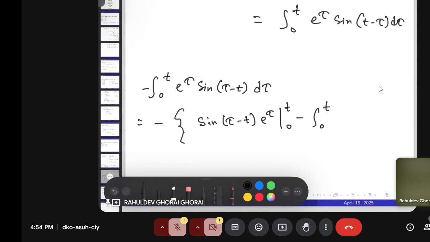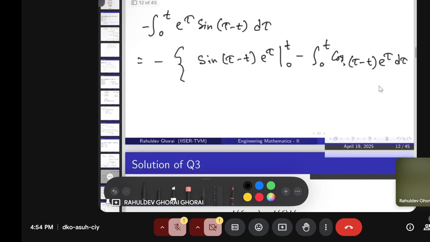So the first component is sine, so it will be cos of t minus tau, e to the power tau d tau.